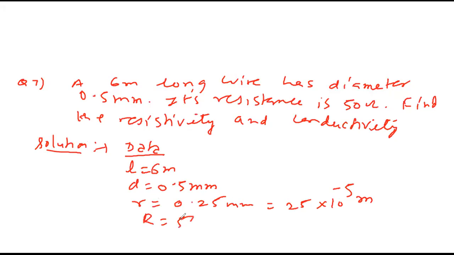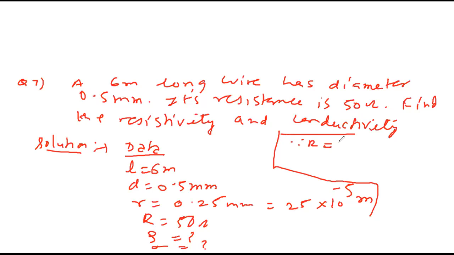Its resistance is 50 ohm. Find resistivity rho, conductivity is sigma. Since R is rho L by A, therefore rho is R A by L, that is R pi r square by L. Copy till this.